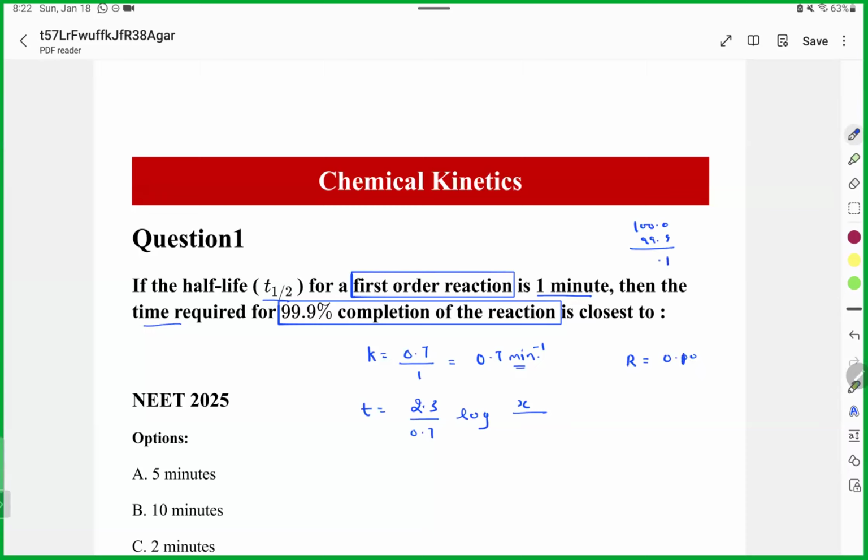So it will be 0.1. So can we say 0.1 divided by 100? So it will be 0.01. Log 1000 value will be 3. 3 divided by 0.7, 10 minutes. Yes.